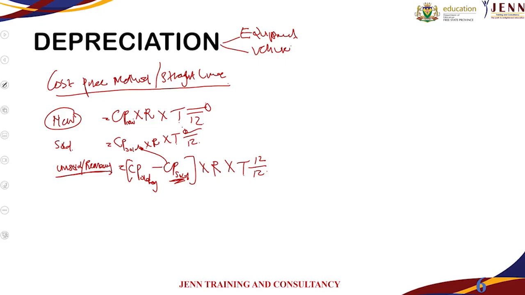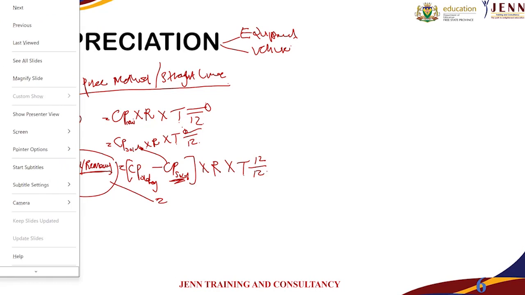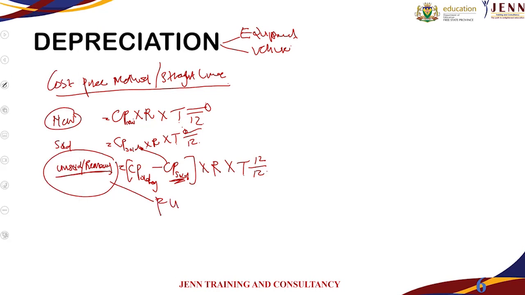And be careful when we are talking about the unsold. Be careful of the fully depreciated asset. There is a possibility of a fully depreciated asset. What do I mean about a fully depreciated asset?